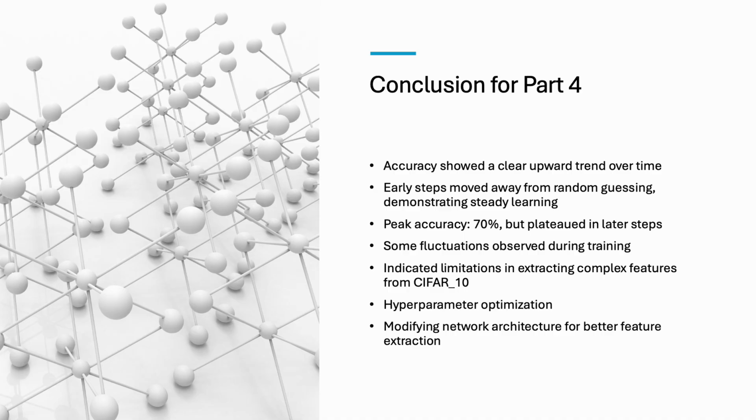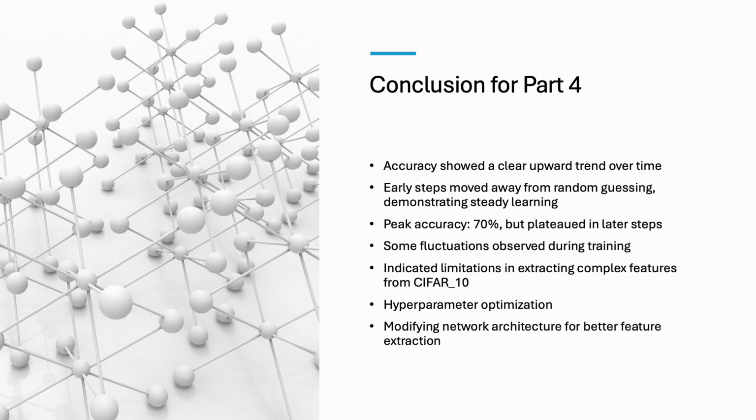Conclusion for Part 4. For Part 4, the implementation of the CNN and CFR10 showed a clear trend of increasing accuracy over time. There were some fluctuations noted, however. As the model progressed, it quickly moved away from random guessing in early steps, and it demonstrated a steady learning progression.